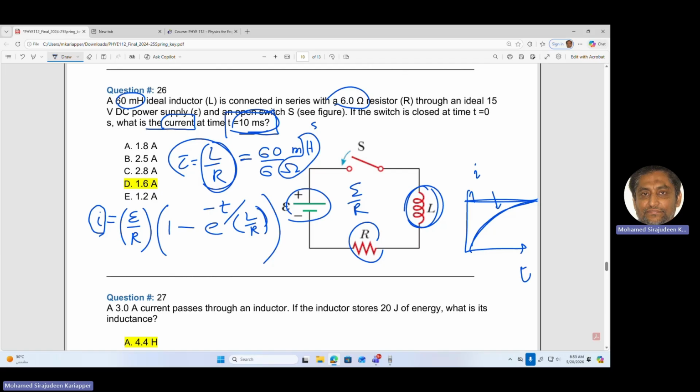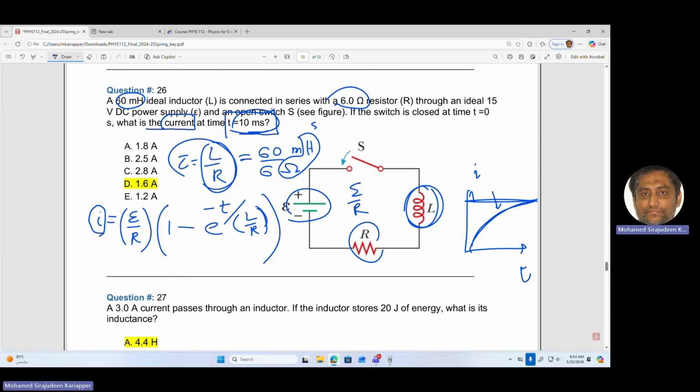Okay, if you put Henry and ohm, it will be in second. I like to keep it in millisecond. I'll tell you why in a minute. But I like to keep this in milliseconds, so I will not convert the 60 millihenry to Henry. I will keep it as in millihenry.